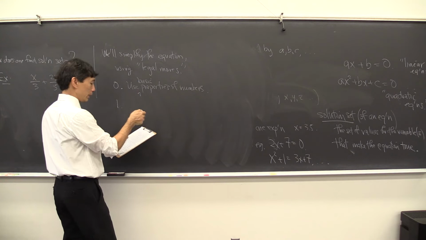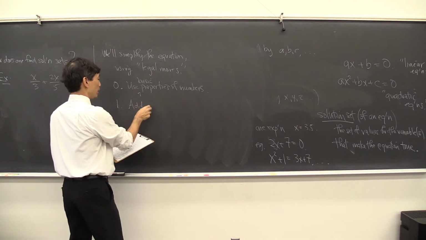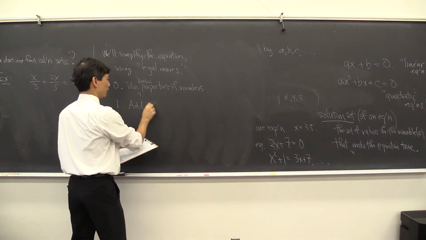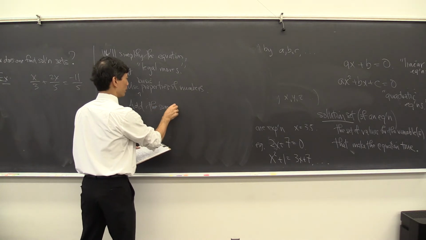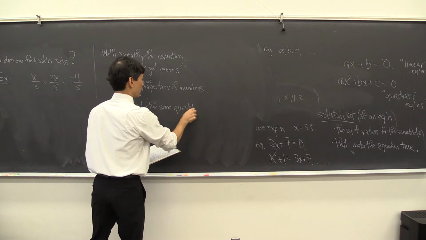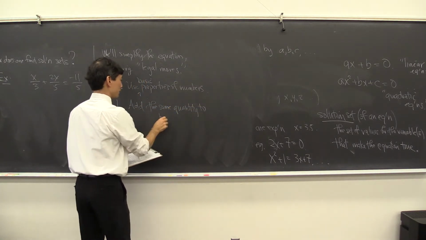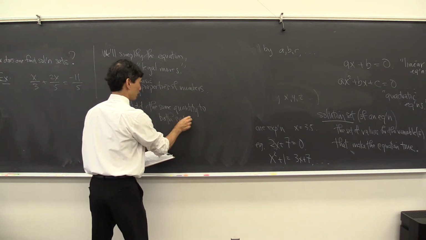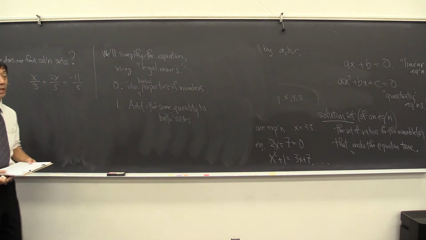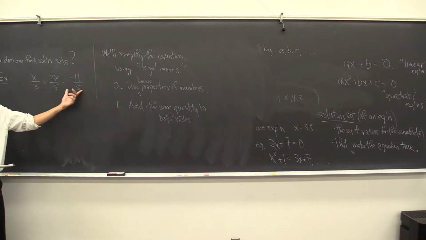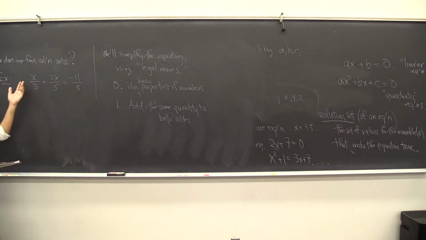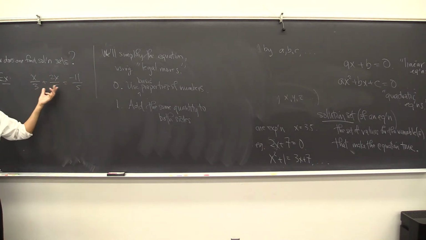Another thing that you can do is add or subtract the same quantity to both sides. If I have this equation, it's okay for me to add some number to both sides as long as I add the same number.